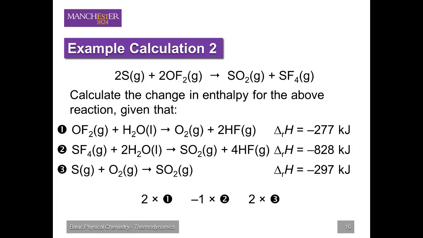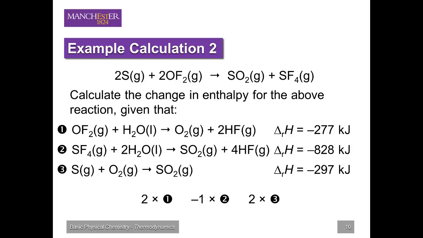And equation 1 converts 1 mole of OF2 gas into products. Clearly, in the equation that we are trying to calculate the enthalpy change for, we need 2 moles of OF2 to be converted. So consequently, we need 2 lots of equation 1 to happen.